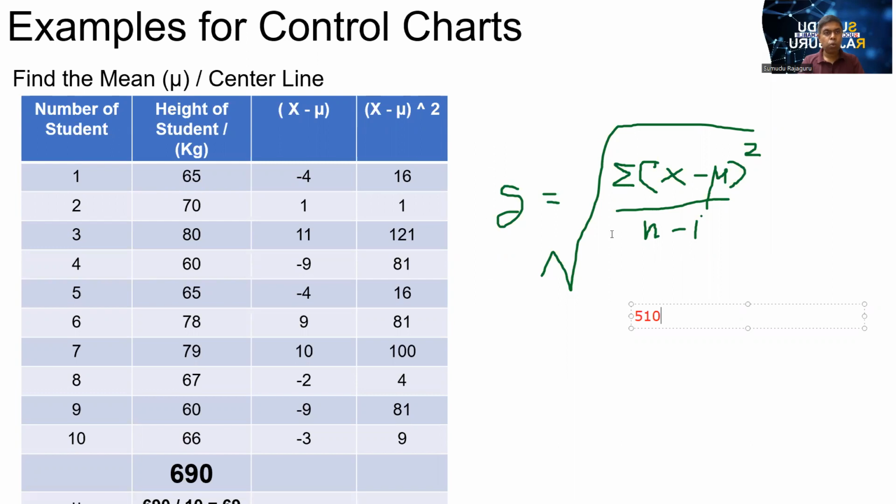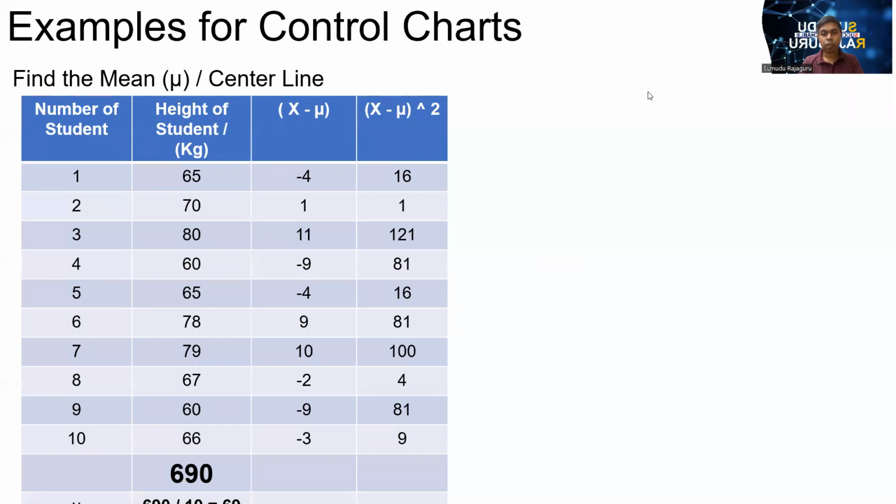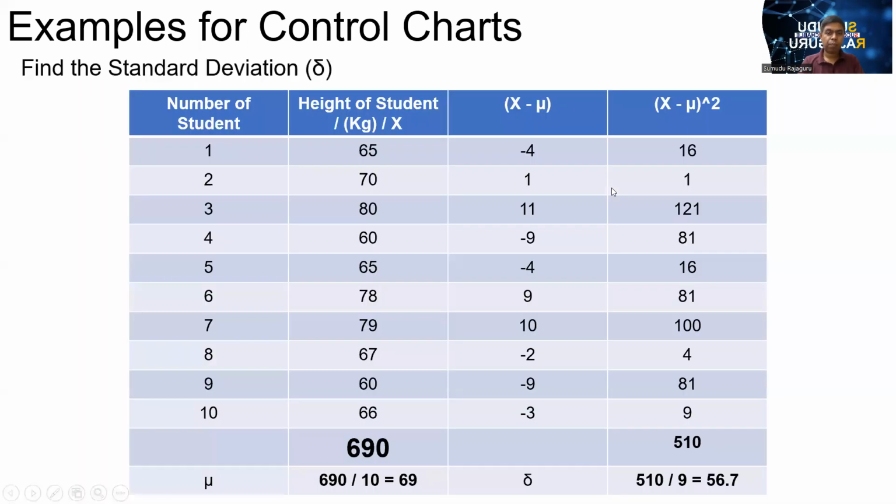Now we have to divide by n minus 1. There are n terms here. n is 10, so 10 minus 1 means we have to divide by 9. Then we have to take the square root of that answer.